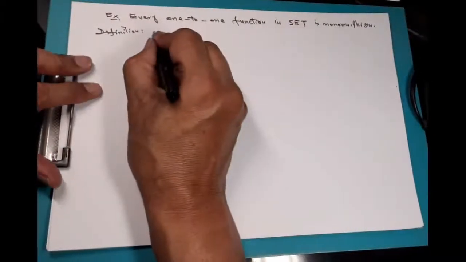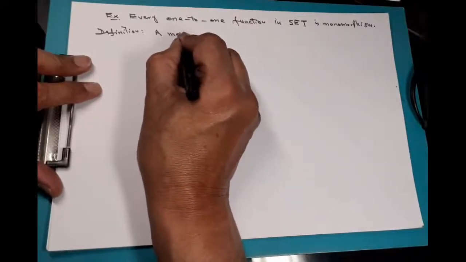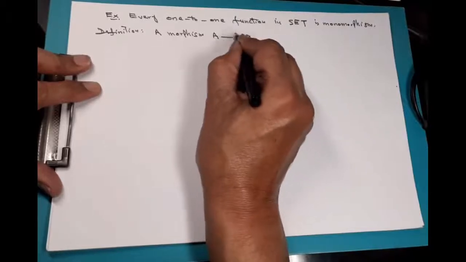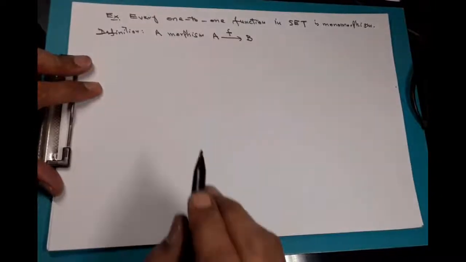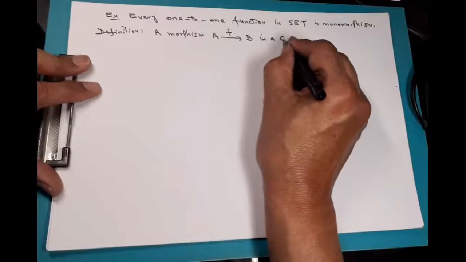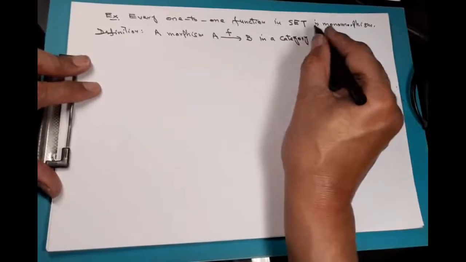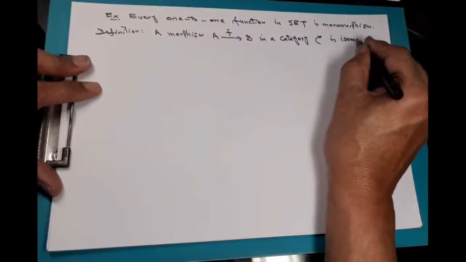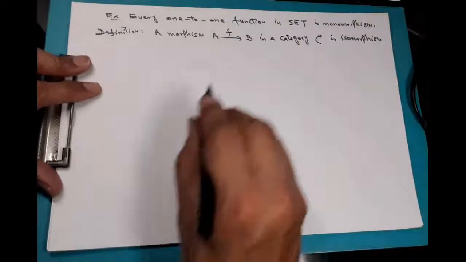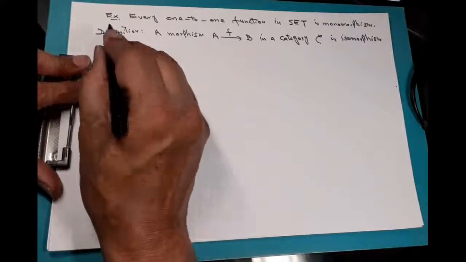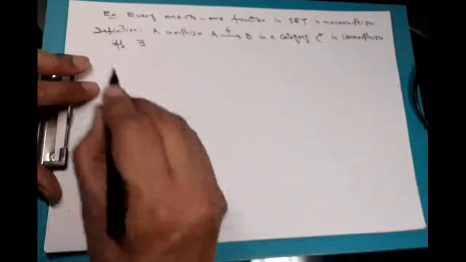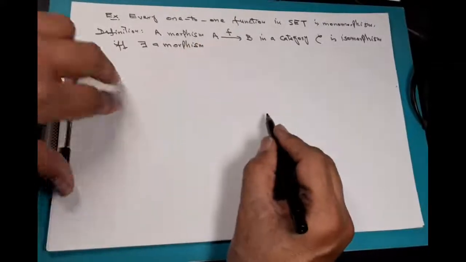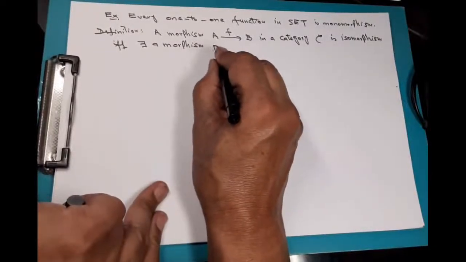So a morphism with the domain A and codomain B. Let's denote this morphism by F. So a morphism F in a category C is isomorphism if and only if there exists a morphism, we denote it by F inverse, and this morphism is going to be from B to A.